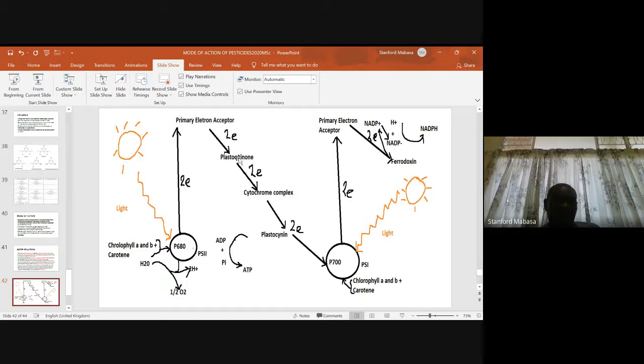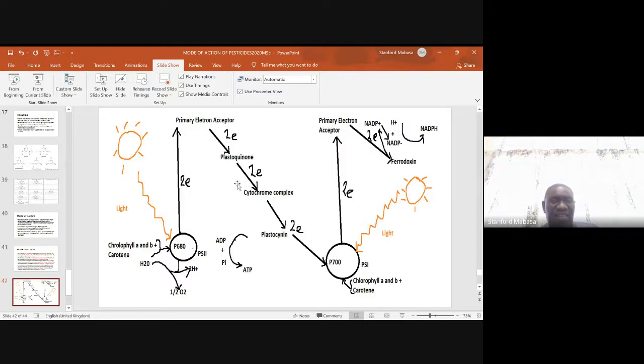The electrons, instead of going to the cytochrome complex, will go to atrazine. Once they go to atrazine, it means they won't go through this route. Once they don't go through this route, this NADPH won't be formed. It also means ATP won't be formed.